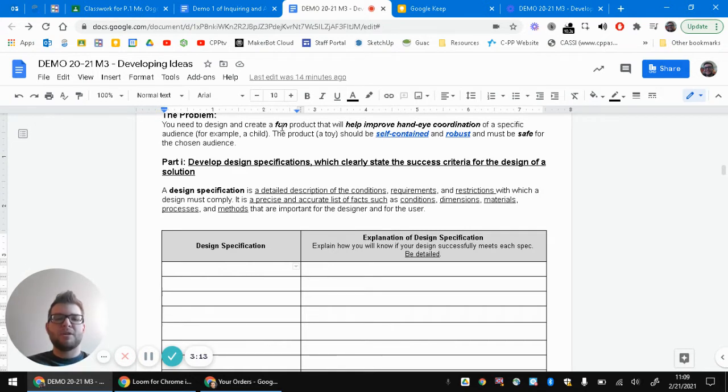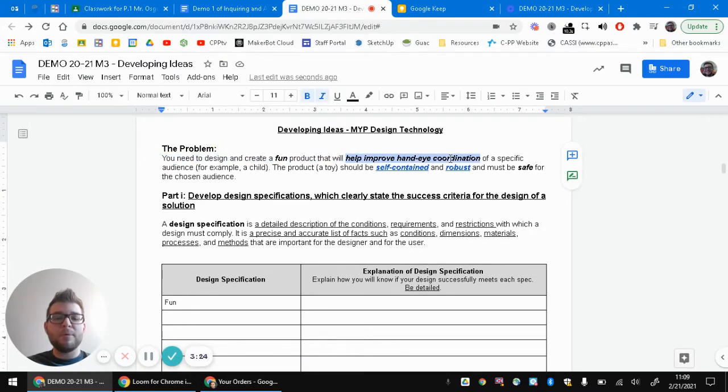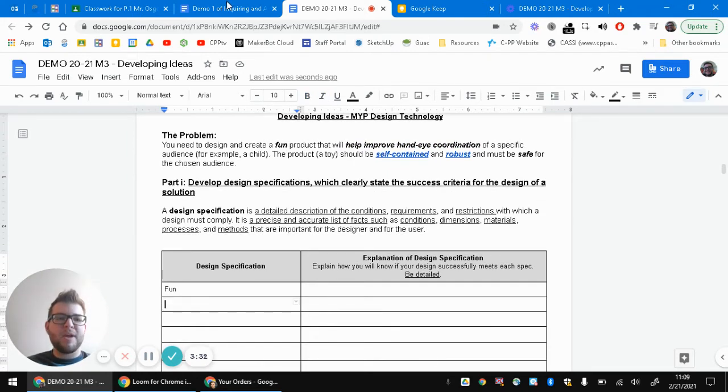Well, looking up here at the problem, I know that I want my design to be fun. So why don't we put that in here? Fun. Okay. I know that I want the design to help improve hand-eye coordination. Let's be even more specific. Look, for a specific audience or a child. So I know that it needs to improve hand-eye coordination.